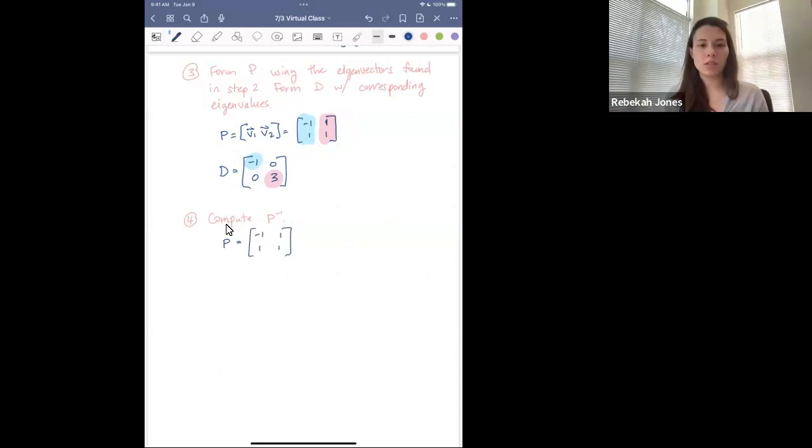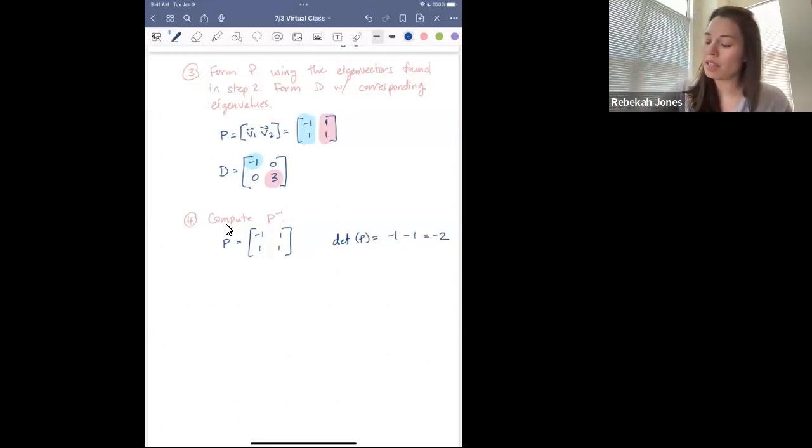And we'll just go ahead and use the definition involving the adjugate. So first of all, the determinant of P is -1 minus 1. So that's -2. And then P inverse, remember, is 1 over the determinant of P times, we'll just put it this way, the adjugate of P.